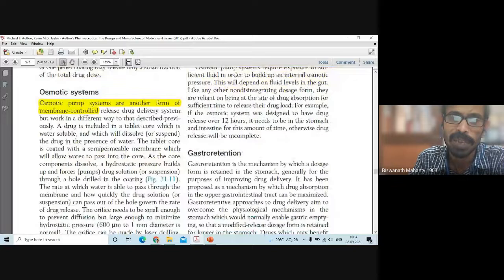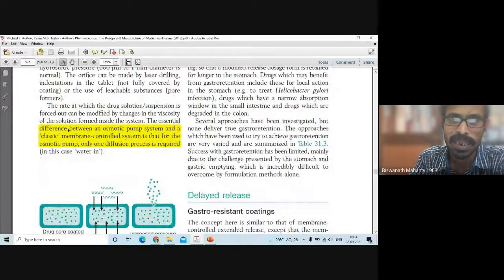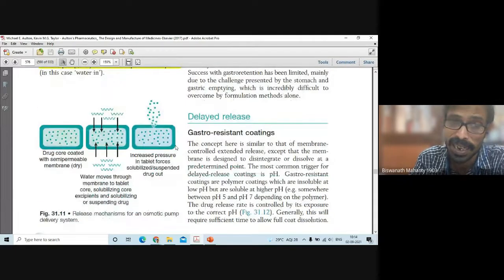And then we are talking about osmotic. Osmotic pump systems are another form of membrane control. The difference between an osmotic pump system and a classic membrane control system is that for an osmotic pump, only one-way diffusion process is required. Please understand the difference. In an osmotic pump, the drug core is coated, water molecules come in and dissolve the drug, and there is a pore.